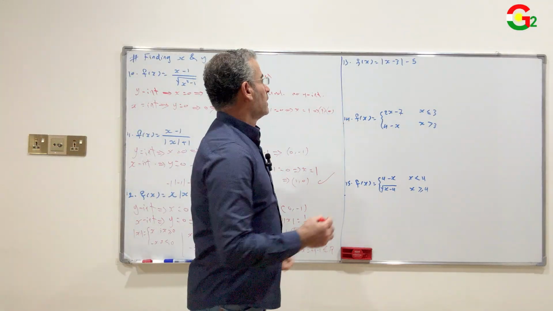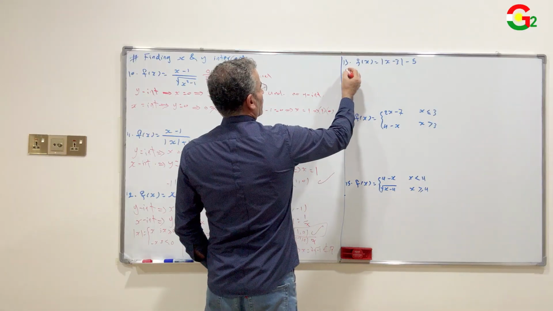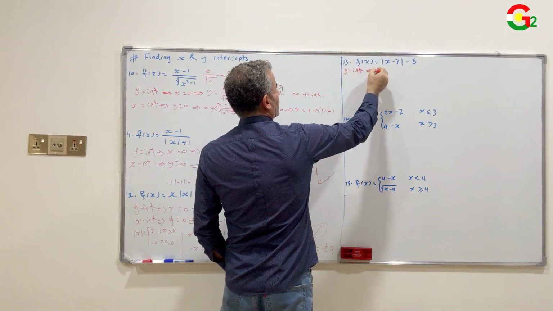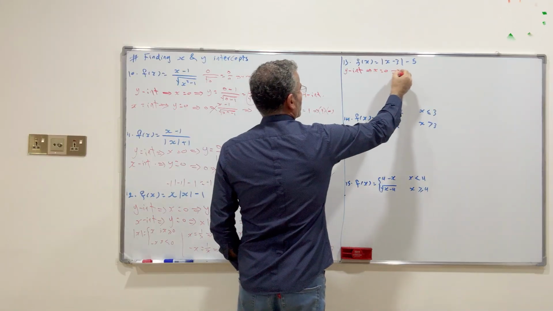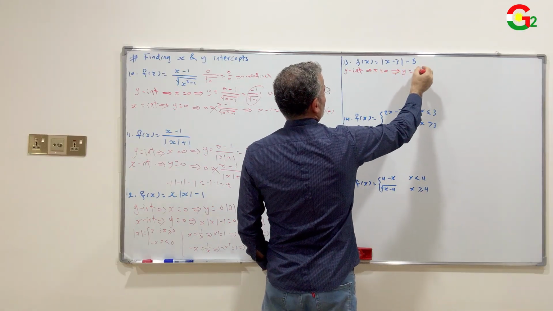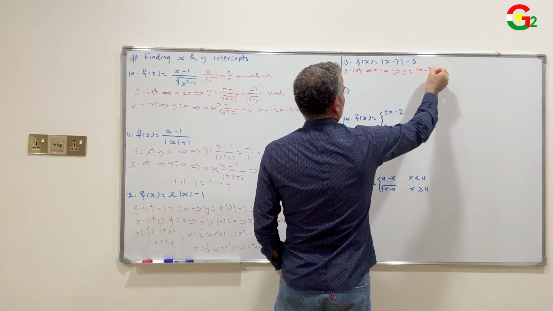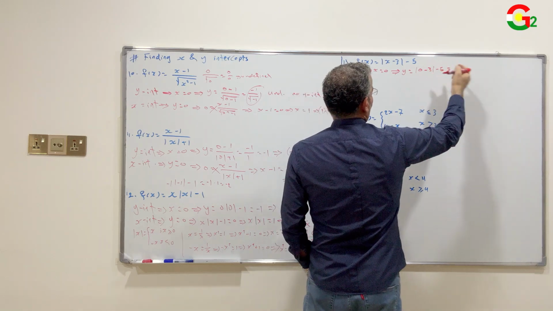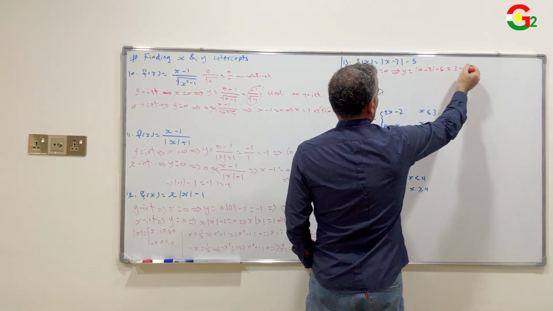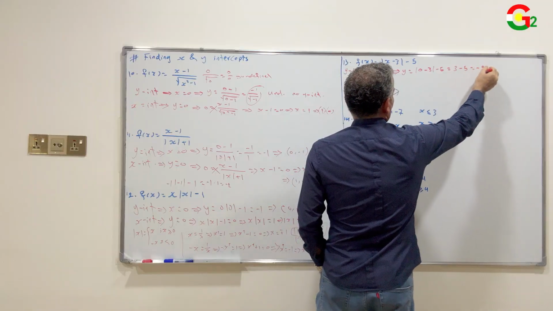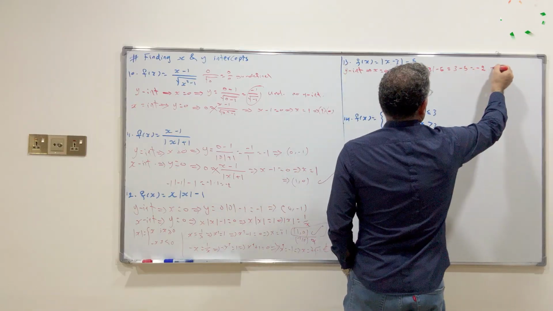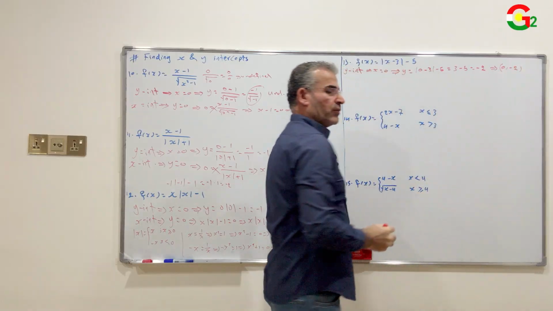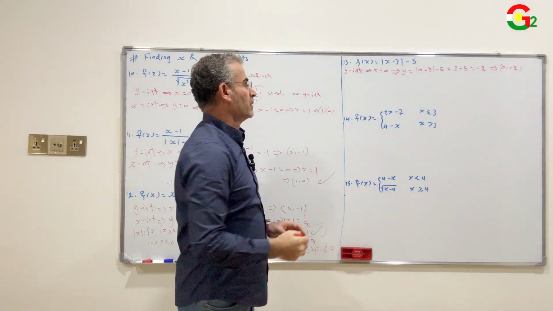Example 13. For the y-intercept, we set x equals 0, then y equals absolute value of 0 minus 3, minus 5, equal to absolute value of -3, 3 minus 5, equal to -2. Then (0, -2) is the y-intercept point for this function.